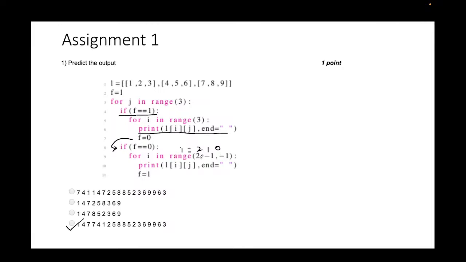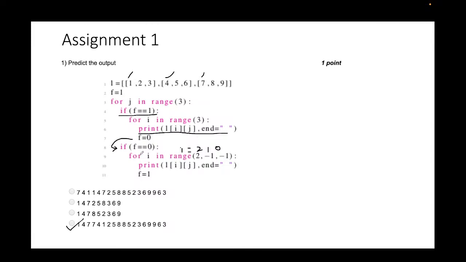Okay, so all it is doing is, for a given column, this for loop will print the elements 1, 4, and 7. So these are the elements in the first column: first row, first element; second row, first column; third row, first column.